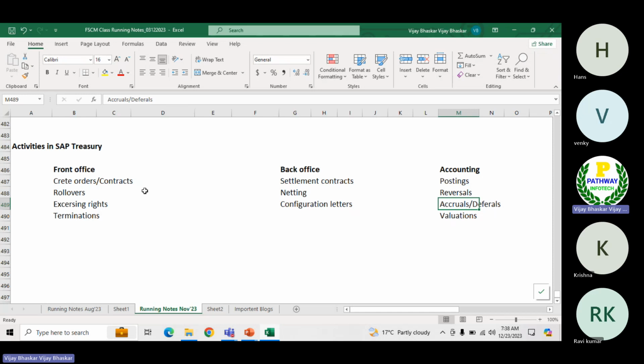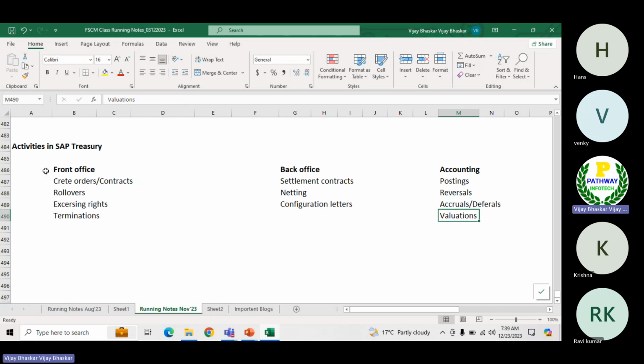So these are the activities predominantly which we will see in every instrument. Any one activity, either creating the order or the contract, or settlement, netting, configure letters, correspondence configuration, postings, reversals, accruals and deferrals, as well as valuations.